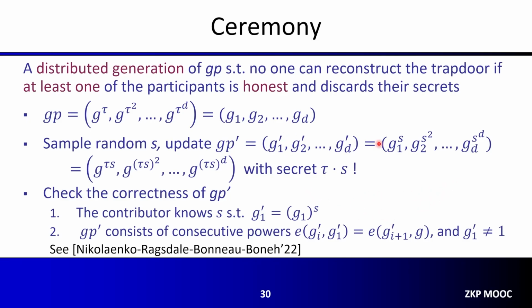And this shows that after the update, we still have a valid global parameters with this relationship. And also another thing we need to pay attention to is that we can't just remove the secret and change it to 0. So in order to prevent that, we have to check that g1 prime is not equal to 0. And this nice way of doing the ceremony was actually introduced in a paper in 2022.